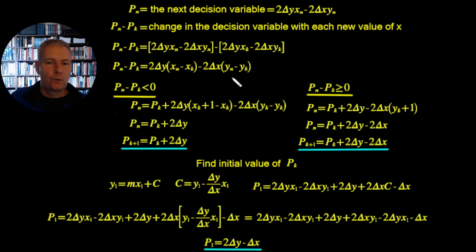The yn, because the value is less than 0, is going to be just yk. So we have yk minus yk, so this disappears. When we simplify this out, our Pn value is going to be pk plus 2 delta y. So finally, rather than calling the next decision variable n, we'll call it pk plus 1. The value for the next decision variable, pk plus 1, is equal to the old decision variable pk plus 2 delta y.